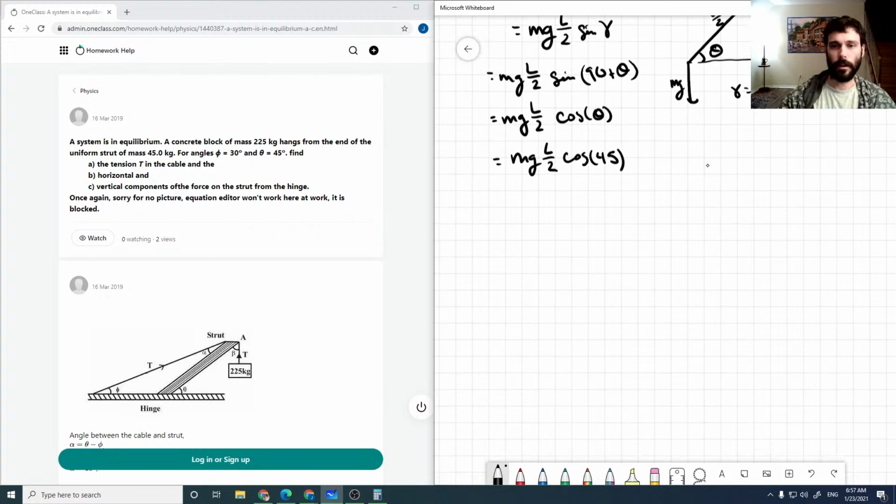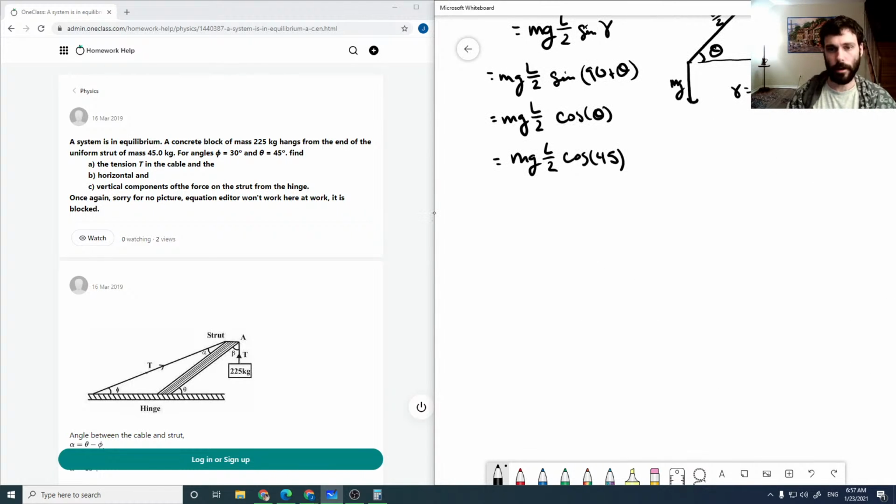And then our last torque is our 225 kg torque. So our torque is 225 kilograms times G. I'm just putting that in just so that we know where it is.